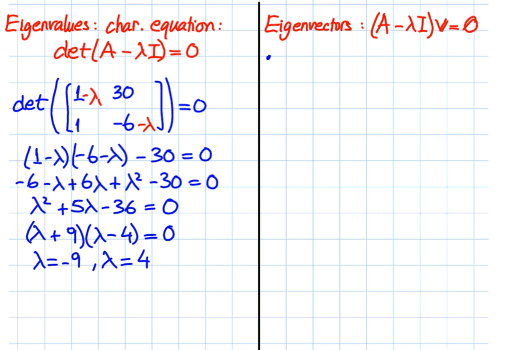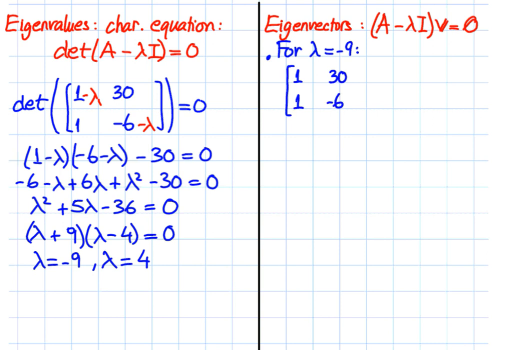So first, for lambda equal to negative 9, we're going to solve that equation. So pretty much we have the matrix A: 1, 30, 1, and negative 6.